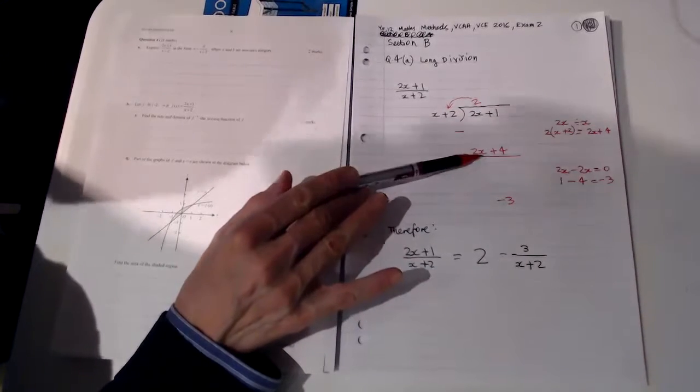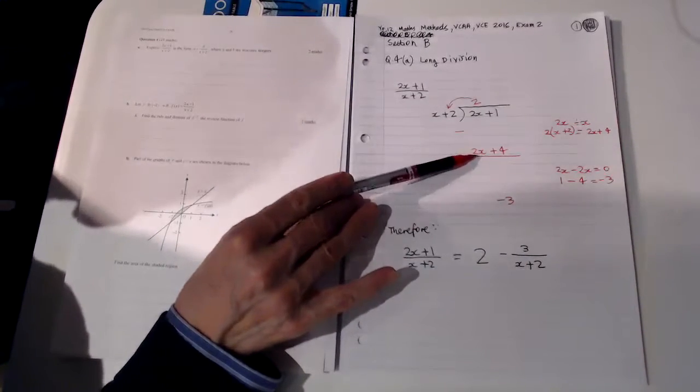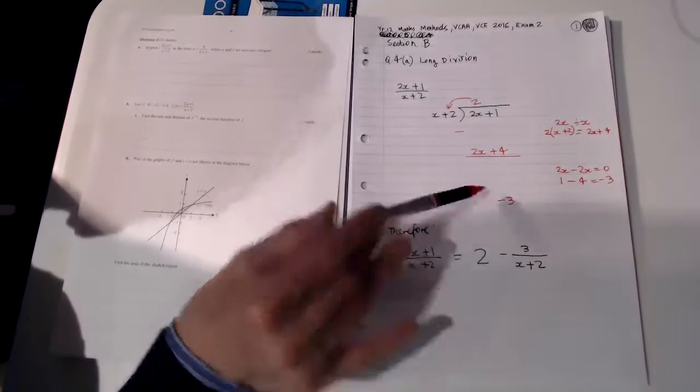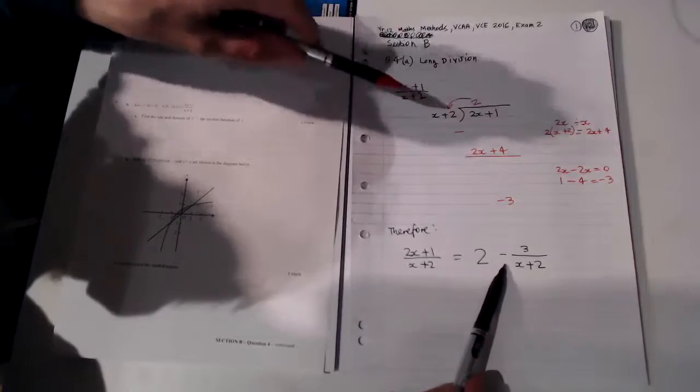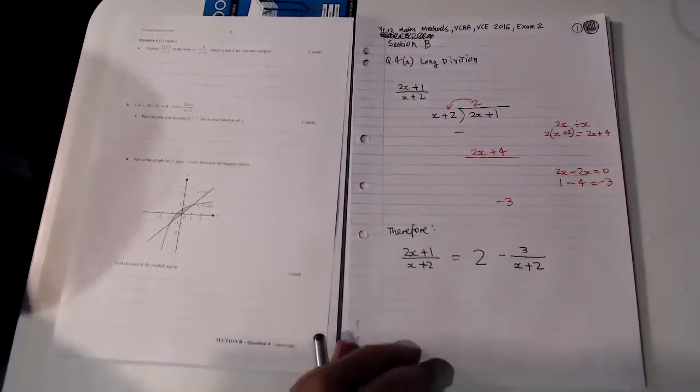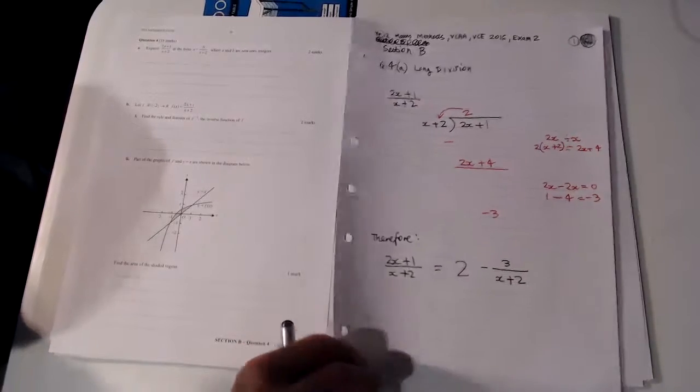What's 2x minus 2x? It's 0. And what's 1 minus 4? Negative 3. That's a remainder. So the final answer will be quotient 2, remainder negative 3 divided by x plus 2. So that's part A done.